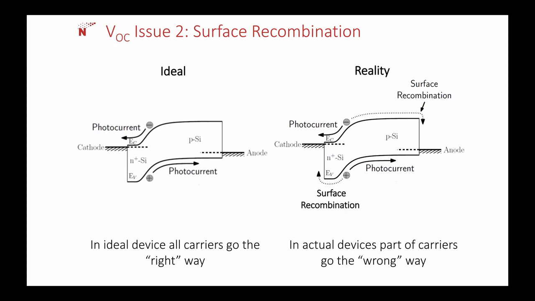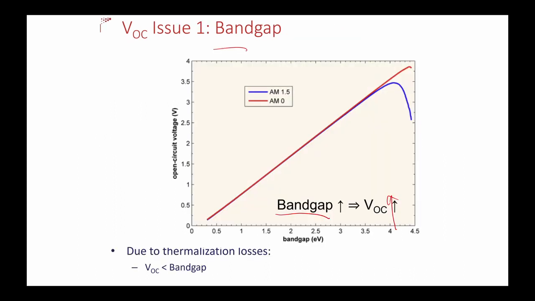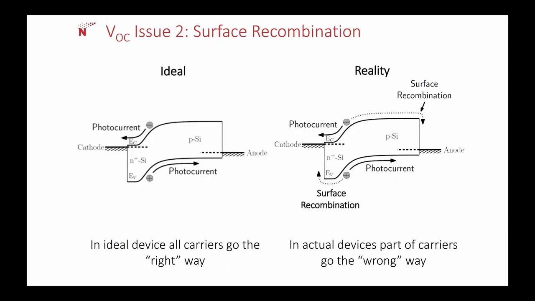So the issue of the VOC is solved with the band gap. There is another issue. We are losing the VOC because of surface recombination.